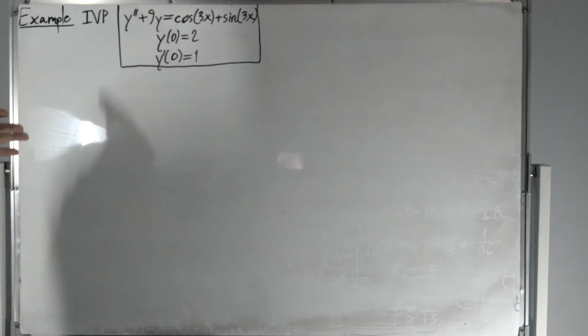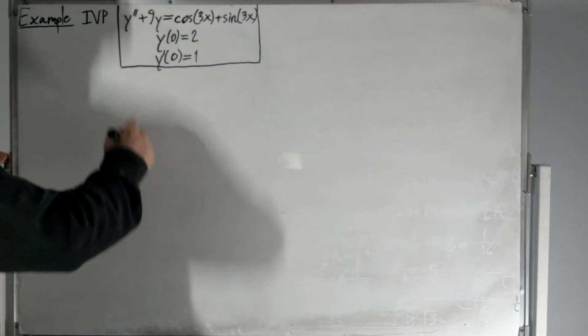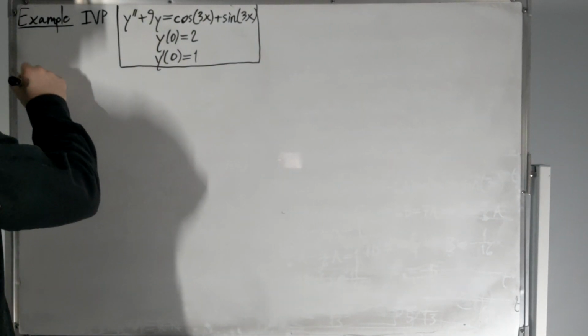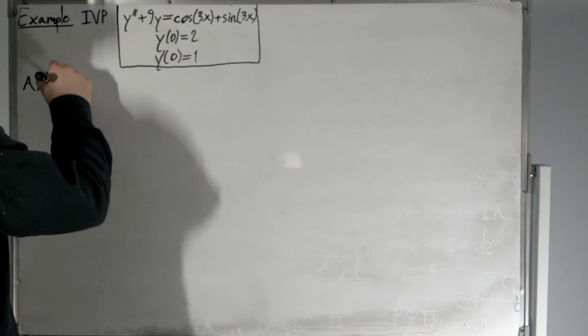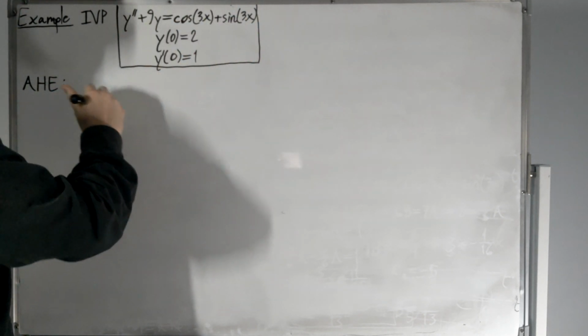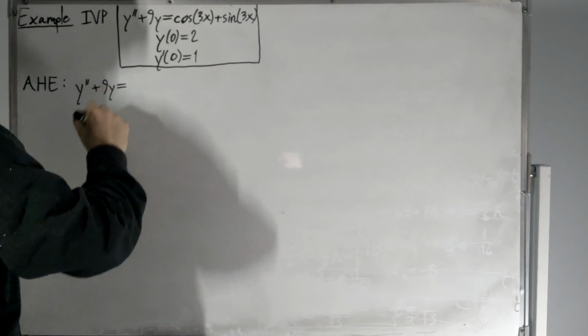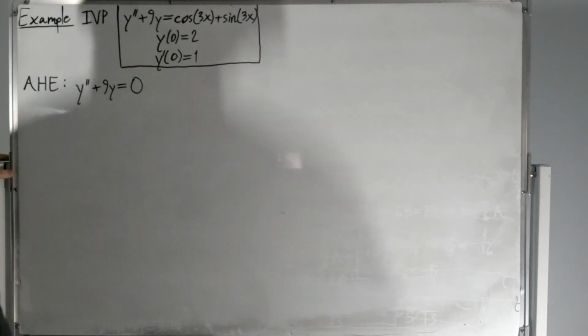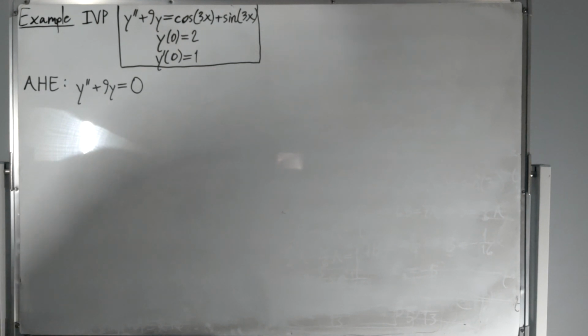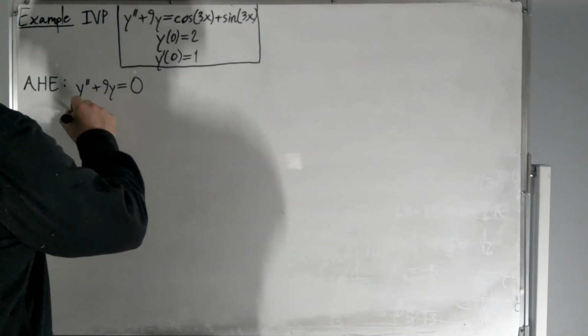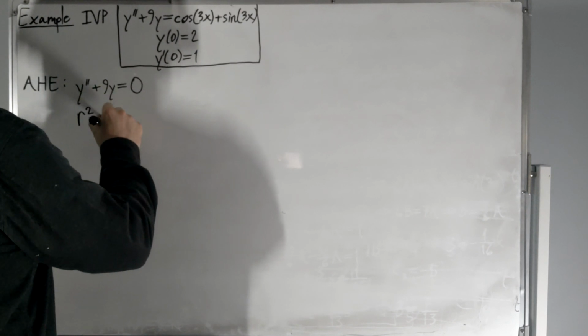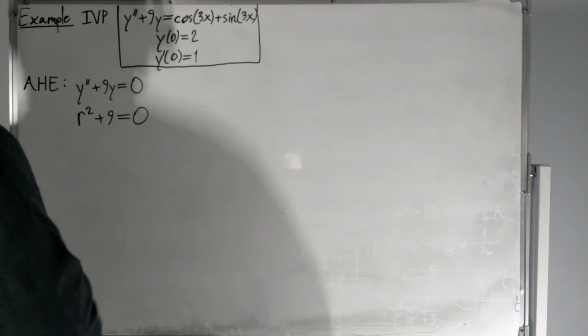Okay, so first thing we ought to do is find the complementary family, which we do by first writing down the associated homogeneous equation. The associated homogeneous equation is just going to be y prime prime plus 9y equals 0. Right? Because we're just setting everything that doesn't have y or a derivative of y attached to it equal to 0. This gives us the characteristic equation r squared plus 9 equals 0.